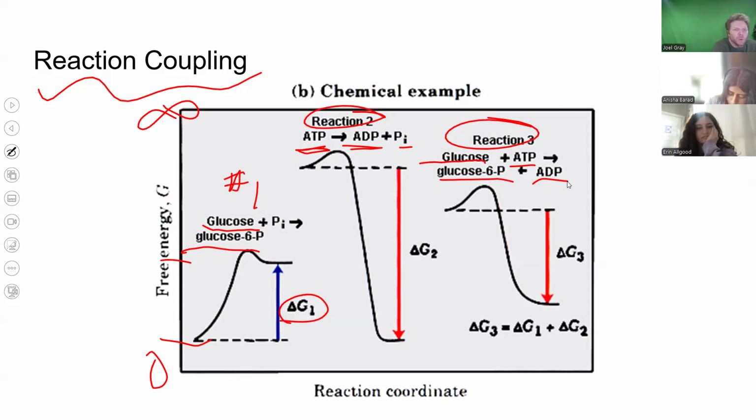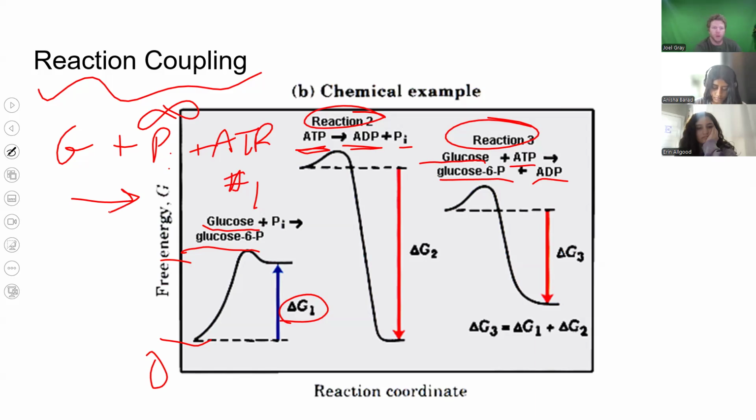Reactants from reaction number one are glucose and inorganic phosphate, and now ATP whenever I look at reaction number two. Then my products from reaction number one are glucose 6 phosphate, G6P, plus ADP plus PI.